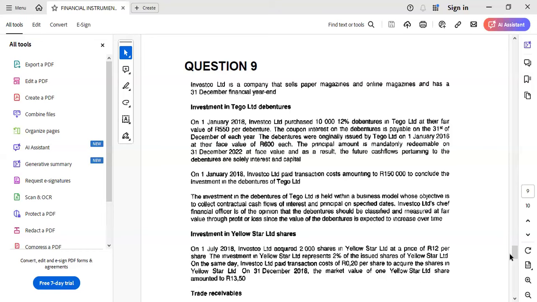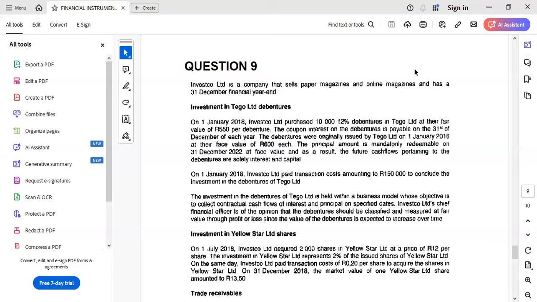The investment in debenture of Tego Limited is held within a business model whose objective is to collect contractual cash flows of interest and principal on specified debts. Investco Limited's chief financial officer is of the opinion that the debentures should be classified and measured at fair value through profit or loss, since the value of the debentures is expected to increase over time. So they are saying comment on whether they should be classified through profit or loss.